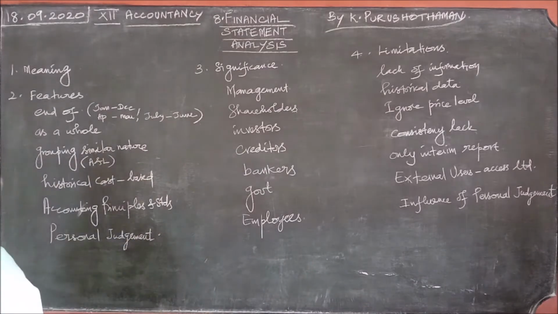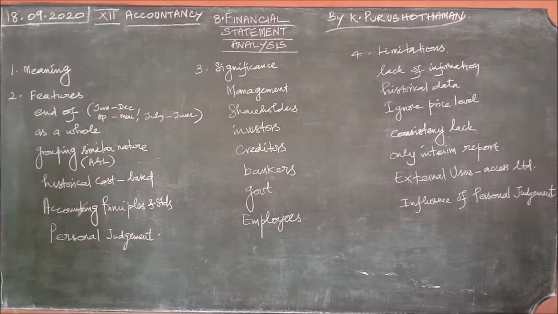Once the statement is prepared, what should be borne in mind? The items of similar nature. If it is regarding the purchase, all the purchases. If it is regarding the sales, all the sales. If it is regarding the purchase of assets, all the types of assets. If it is regarding the liabilities, all types of liabilities.